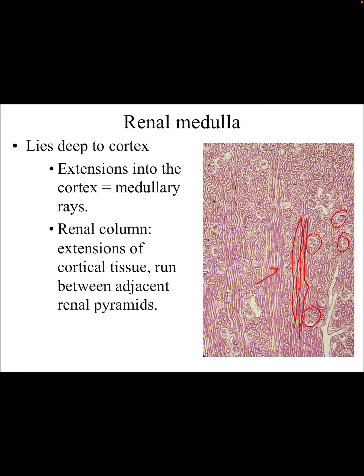See this one here. This extension from the medulla toward the cortex, we call the medullary rays. And if we have some structure like this one here extending from the cortex toward the medulla, we call them the renal columns.